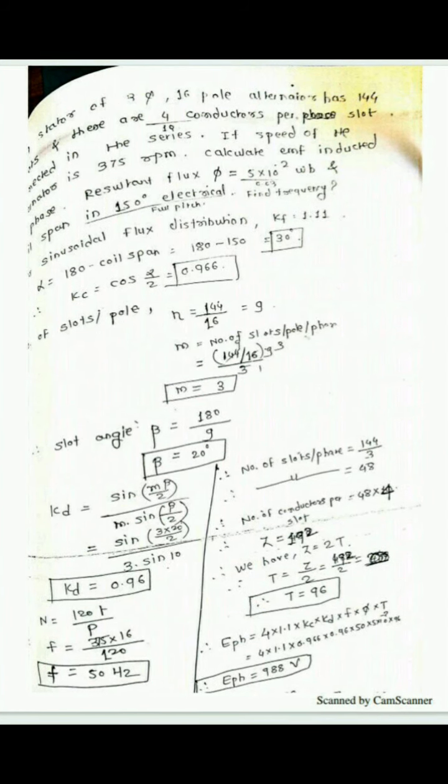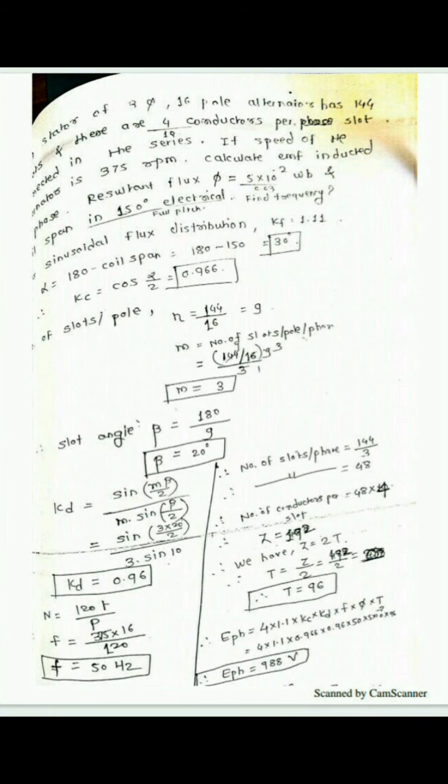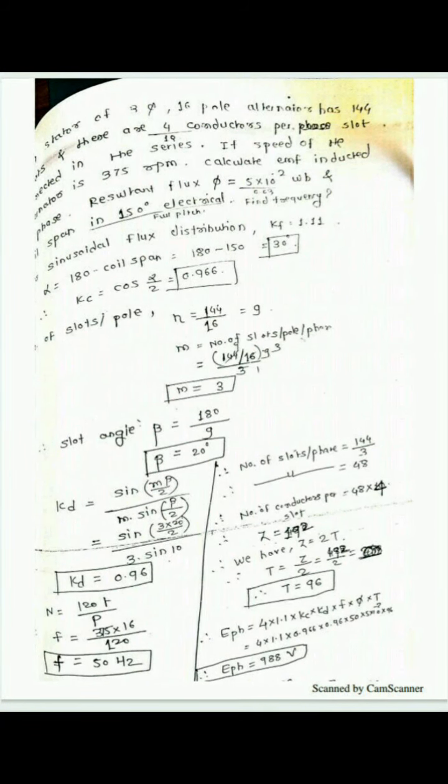Similarly, find the frequency. The problem is very simple, because in the given problem, the stator of a 3-phase 16-pole alternator has 144 slots, with 4 conductors per slot connected in series.